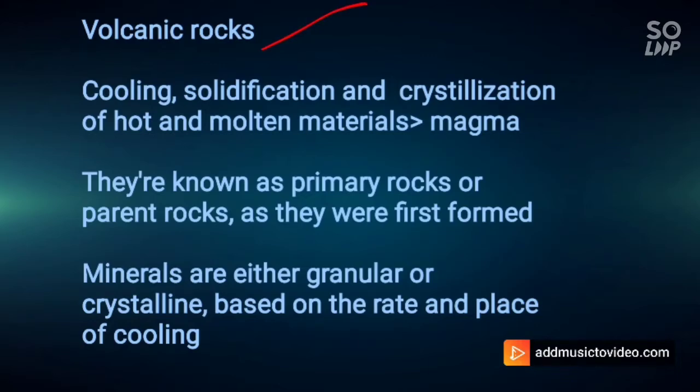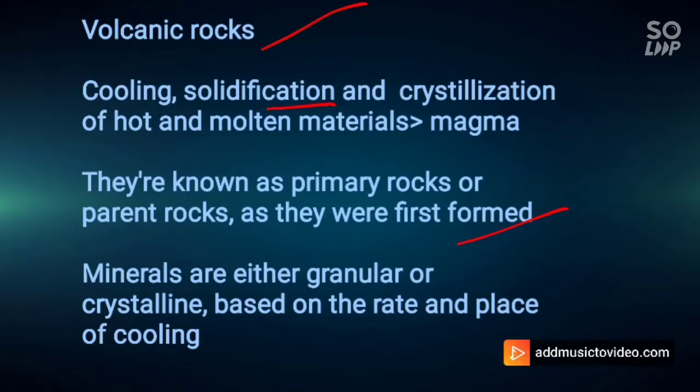Igneous rocks are formed due to the cooling, solidification and crystallization of hot and molten magma. They are parent rocks or primary rocks as they were formed first. In the beginning they were formed, and even today it is the first rock which comes out.